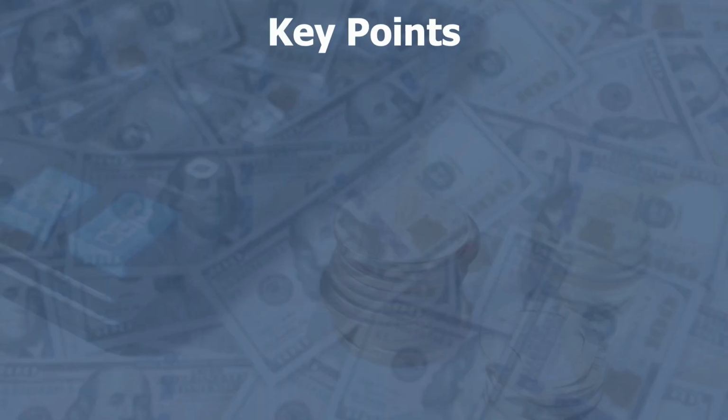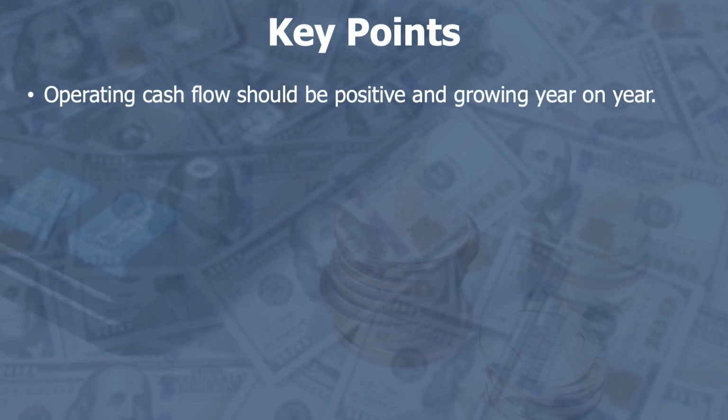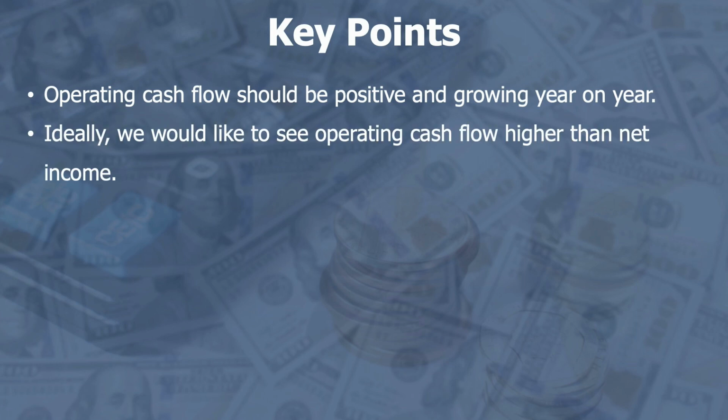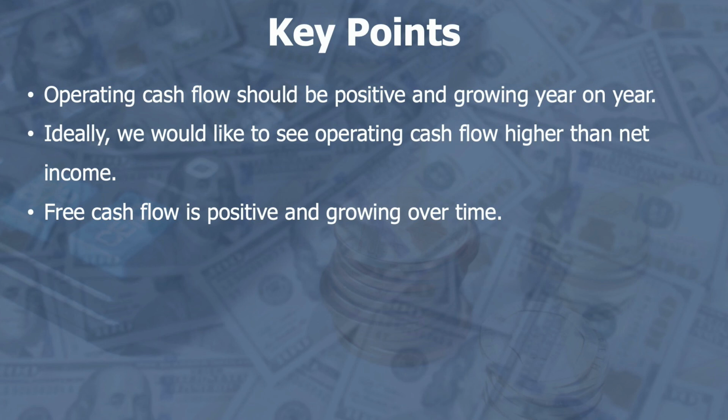And now let's look at some of the key points. What we want to see here is the operating cash flow should be positive and growing year on year. And ideally, we'd like to see the operating cash flow higher than the net income. And also we want to see that the free cash flow is positive and growing over time.